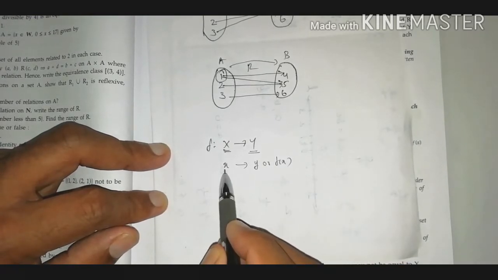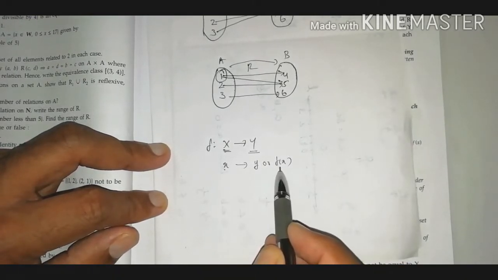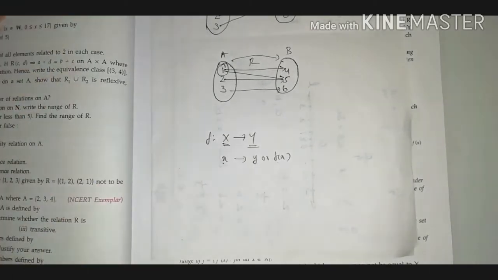That means the image of x can be written as f(x) or y.